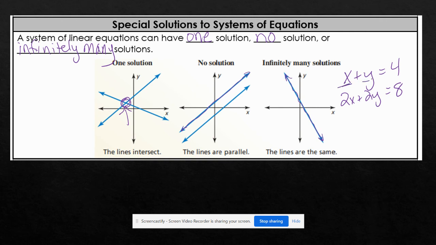I just doubled each of these values. That's it. So 2 equations, but only one line. So where do they touch? Well, they touch all along the line. Infinitely many solutions. So what do those special solutions look like when we are doing our math?